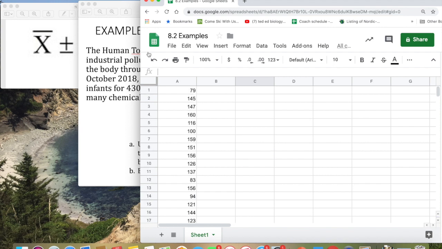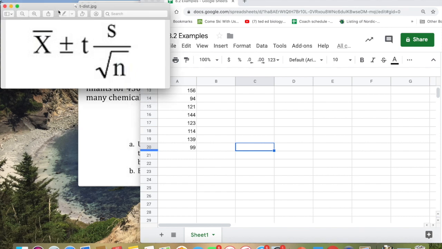All right, so once we have our 20 data values, then we can start calculating some of the things that we need in order to calculate the confidence interval. If you remember, here is the formula for the confidence interval with a t-score.